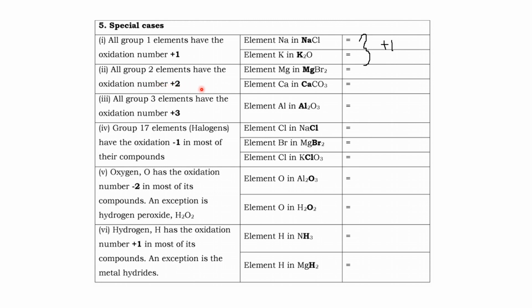All group 2 elements have the oxidation number of plus 2. Group 2 is also known as the alkaline earth metals. They are metals too. Example elements in group 2 are magnesium and calcium. All elements located in group 2 must have the oxidation number of plus 2. Plus 2 means they donate 2 electrons, so that's why their charge becomes plus 2.